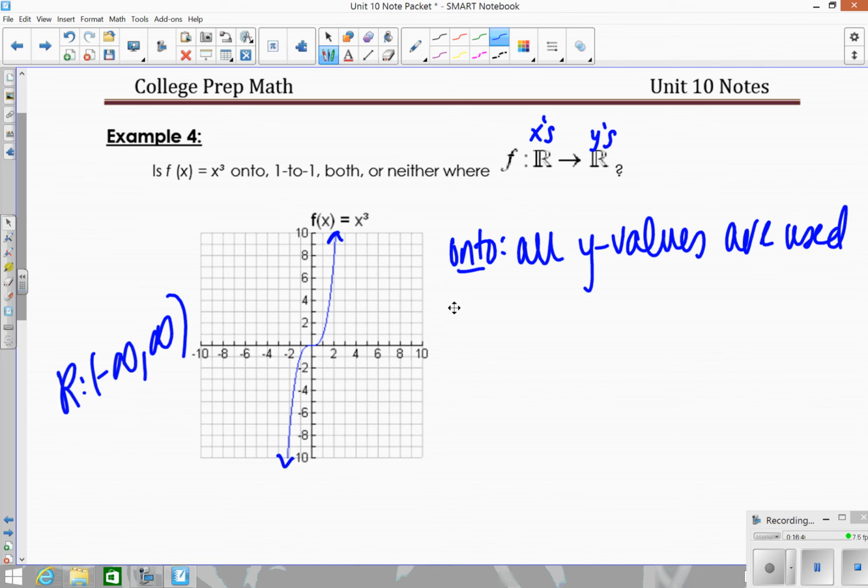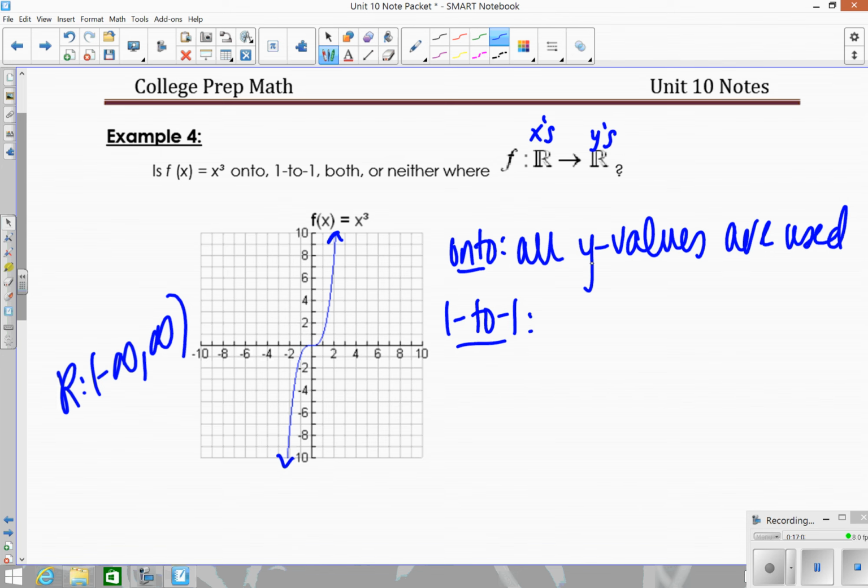And then 1-to-1 is also going to be true here. This function is 1-to-1 because if you look, for each x value, there's only one y value, and for each y value, there's only one x value.